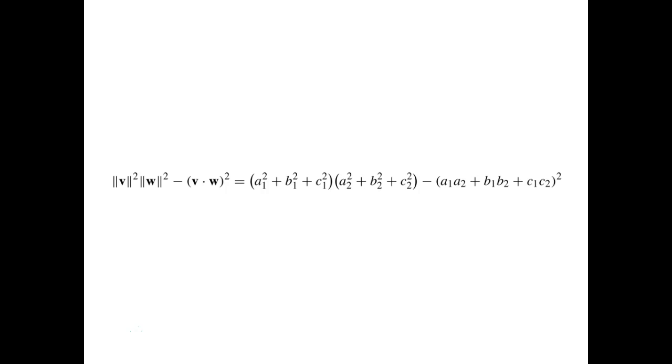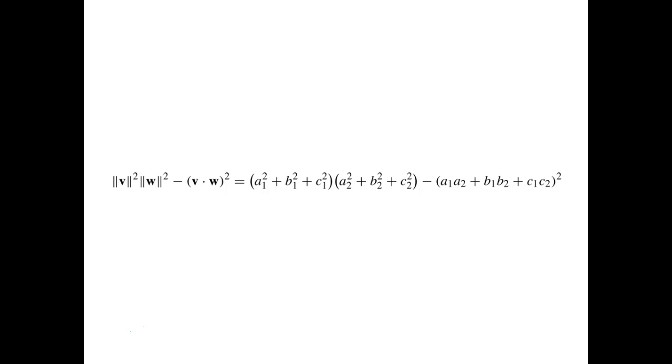And this does all that for you there. Remember, this is A1, B1, C1, and the magnitude of that would be the square root of A1 squared plus B1 squared plus C1 squared. But then if you square it, you lose the square root.